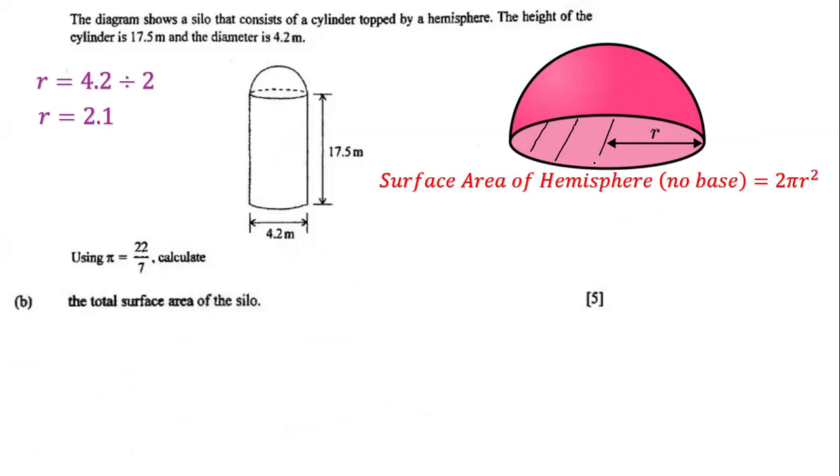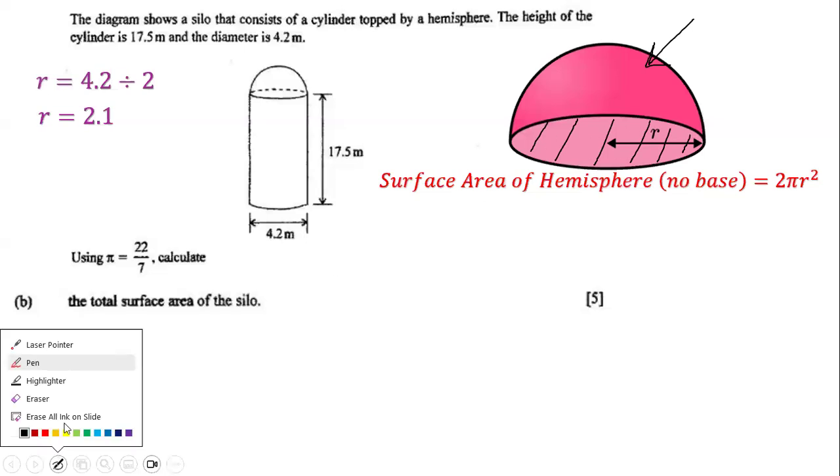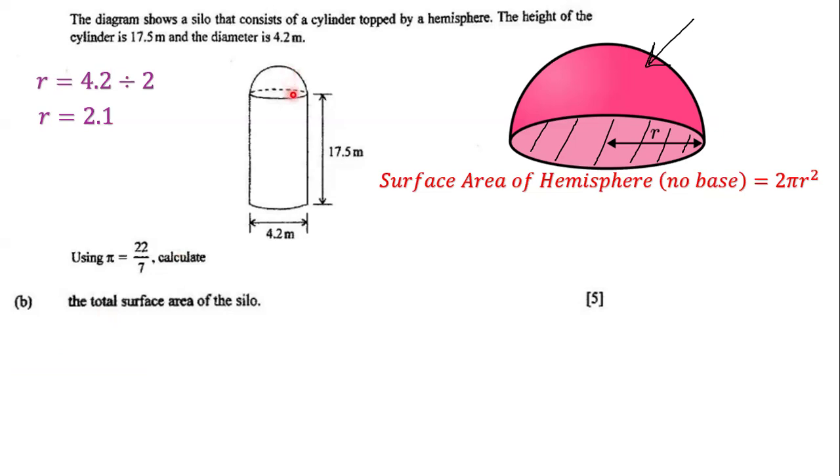We only are considering this part, the part that is on the outside, not the base at the bottom. We're not considering that because it's on the inside. We're only going to consider the portion that's on the outside, externally, that we can feel, that we could touch. That external surface is what is being considered.